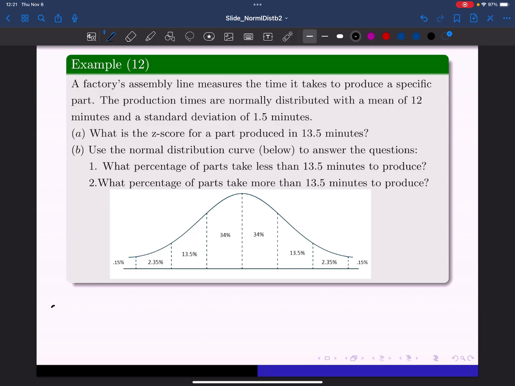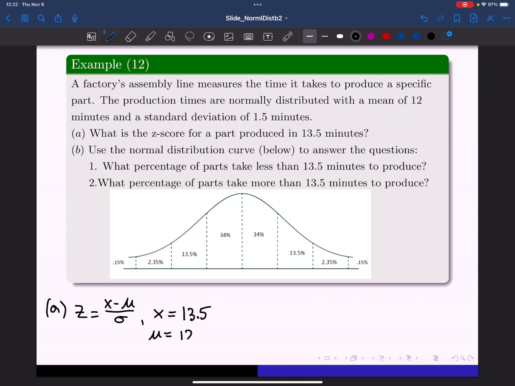We know that for part A, the z-score formula is z equals x minus mu over sigma. In our case, x is the particular data, so x is 13.5. My mu is the mean. So what is the mean? The mean is 12.